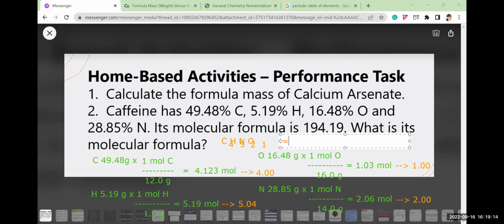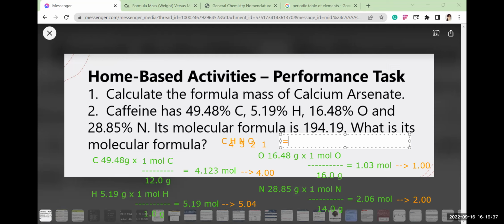May mali. Sige nga. Anong mass ng carbon? 12. 12 times 4, 48. Plus hydrogen 1 times 5, plus 5. Plus ilang nitrogen?